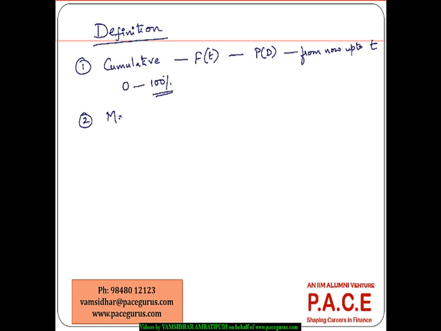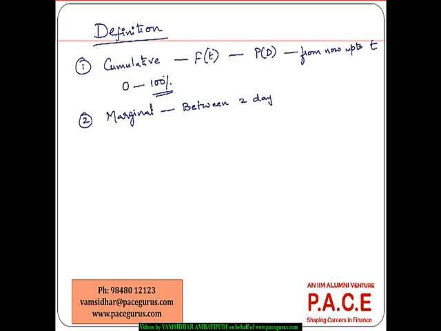On the other side, we talk about the marginal default probability, which is the probability of default between two dates, not from now up to time t.